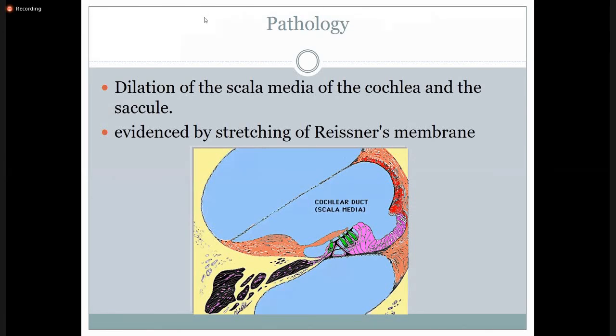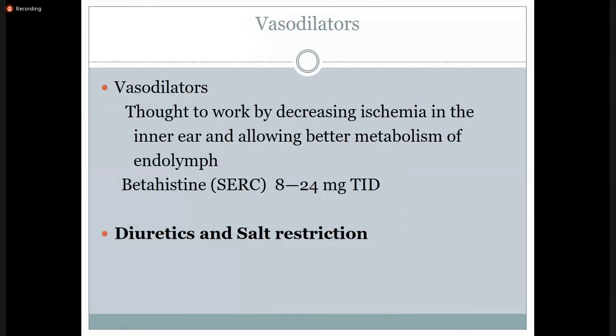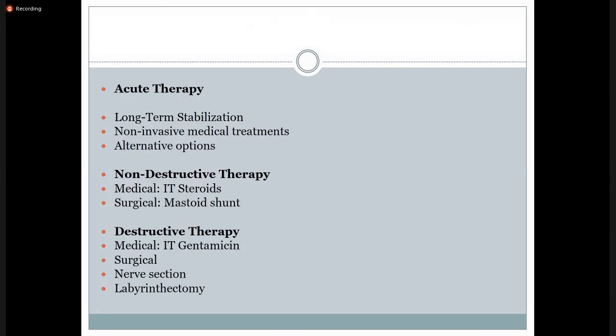This is the endolymphatic compartment in which the endolymphatic fluid is more produced, and it is characterized by stretching of the Reissner's membrane, dilatation of scala media, and the treatment is vasodilators, salt restriction, diuretics, acute therapy, stabilization, intratympanic steroids sometimes, and for drainage, endolymphatic mastoid shunts.